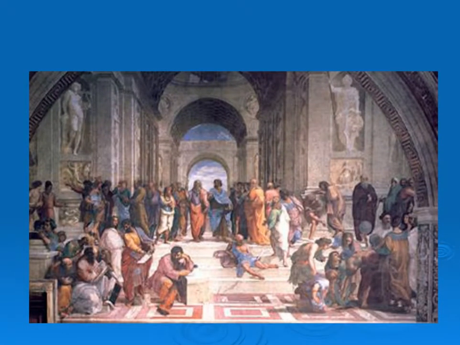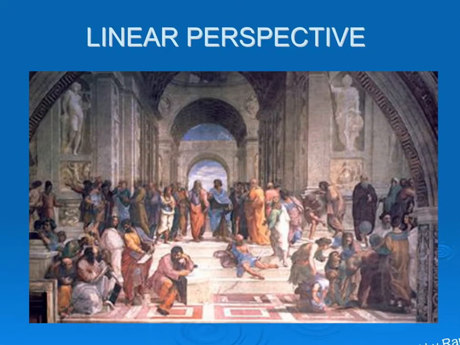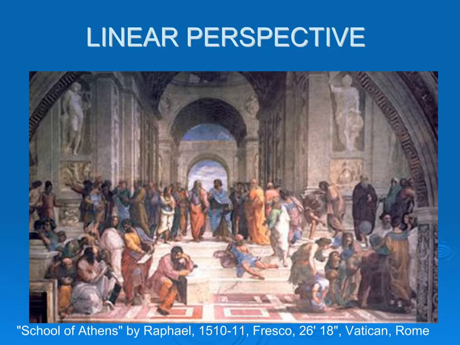This is a Renaissance painting. We see Aristotle and Plato in the center in an intelligent discussion. Notice the use of one-point perspective in the structure of the building. The entire structure disappears to a vanishing point between Aristotle and Plato. Even the lines on the floor, look at the lines on the floor, extend to the point.